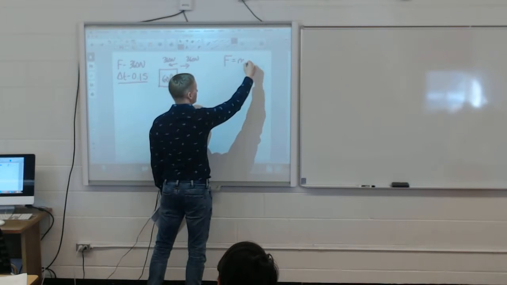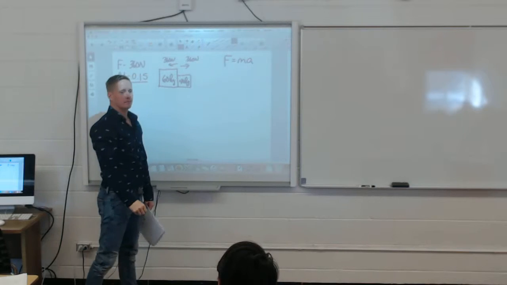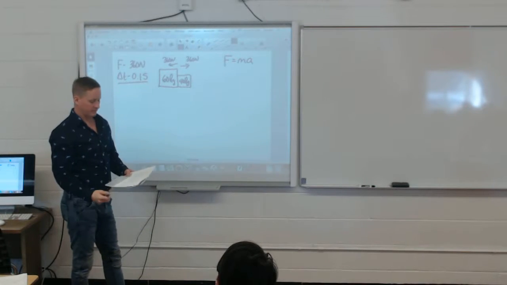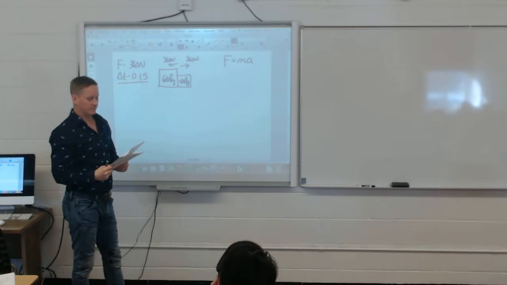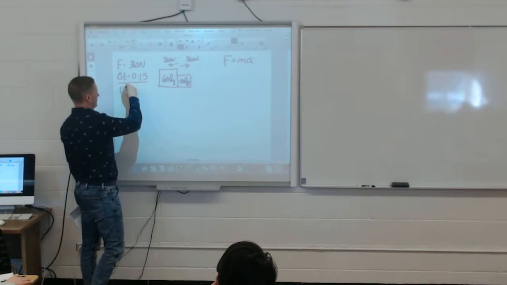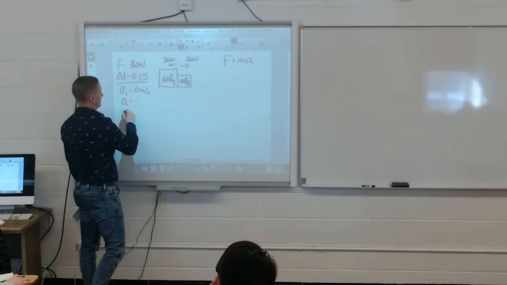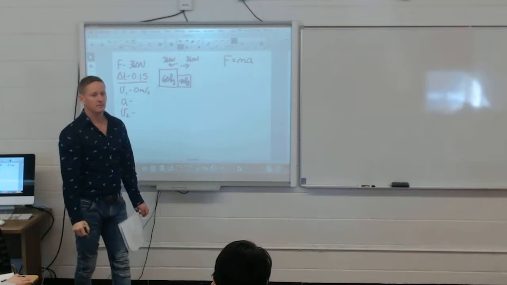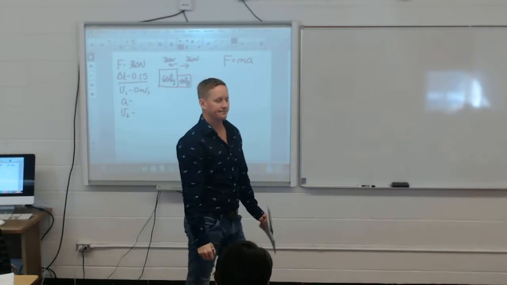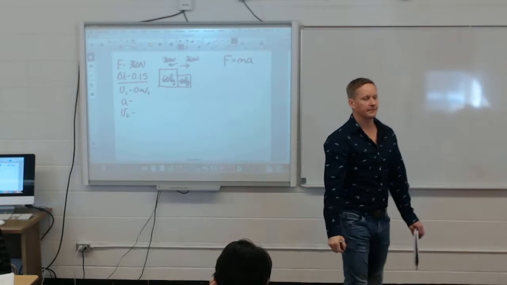Can you do that? Yeah, I can do that. What was I doing wrong? And then you need this after here? Yep, with this, and then you can get your acceleration.